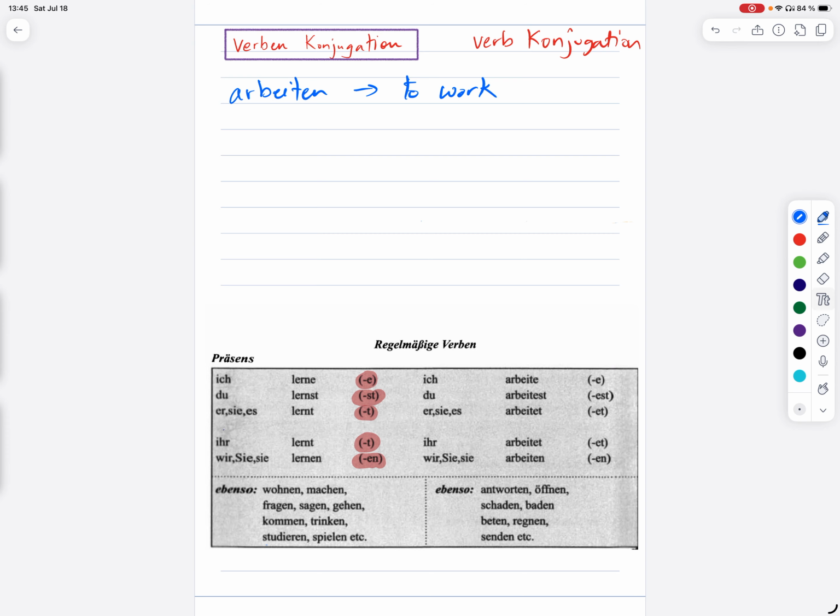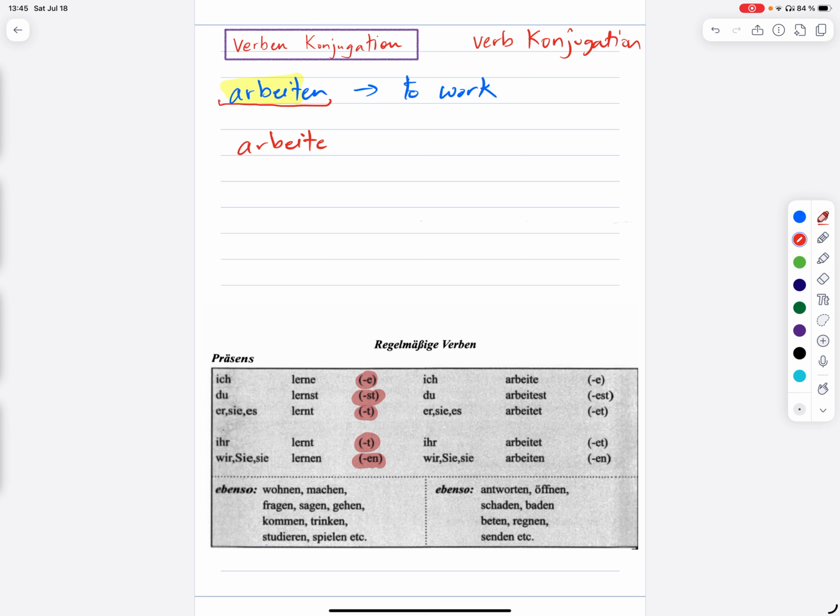So let's look at the infinitive form. Infinitive is arbeiten, and the stem form for this verb is arbeit, because we will remove the en, and this is what we will conjugate, right? So let's try to conjugate using the previous rule. If I conjugate for ich, arbeite, ich arbeite, I add an e.